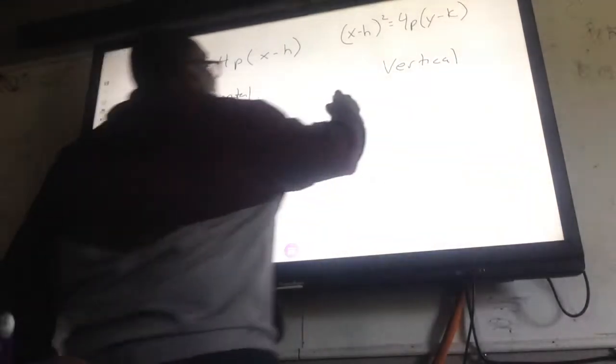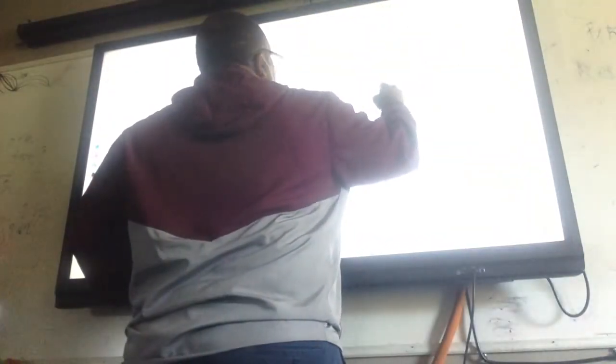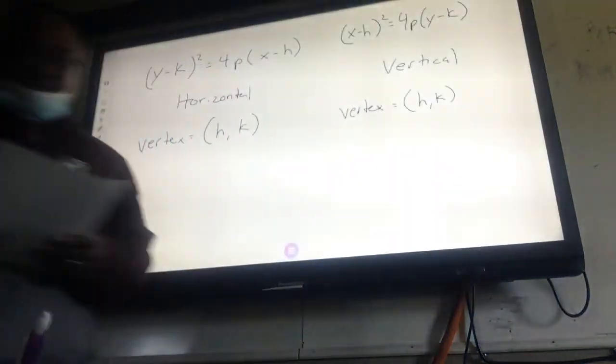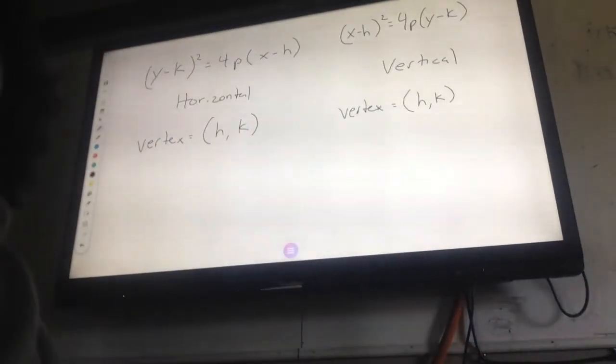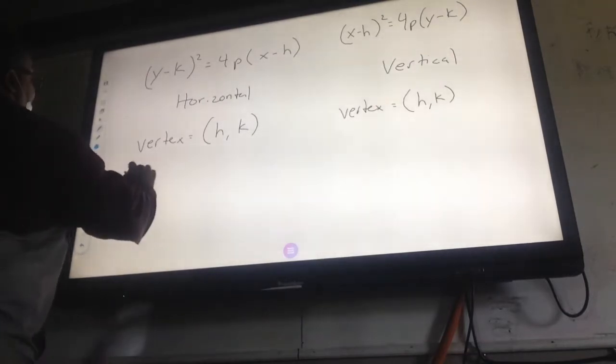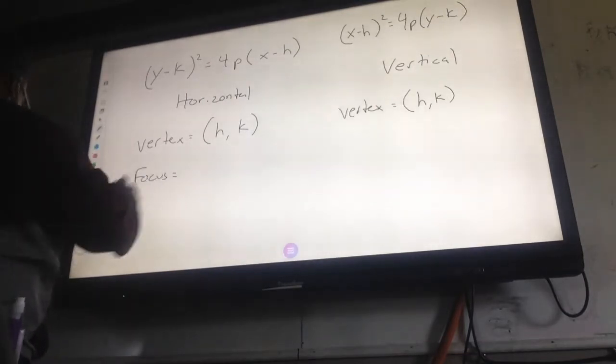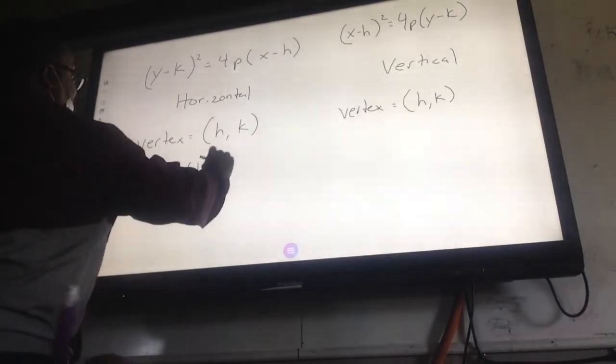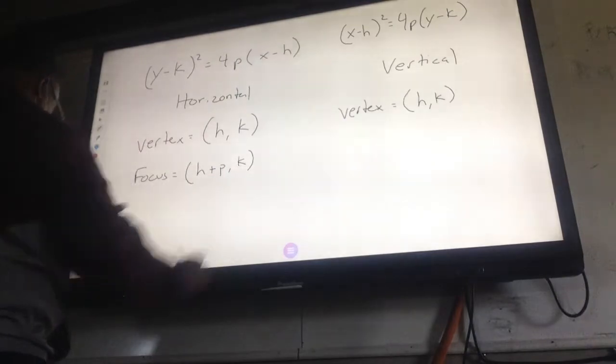The vertex for a vertical is still h and k. The focus is h plus p and then k.